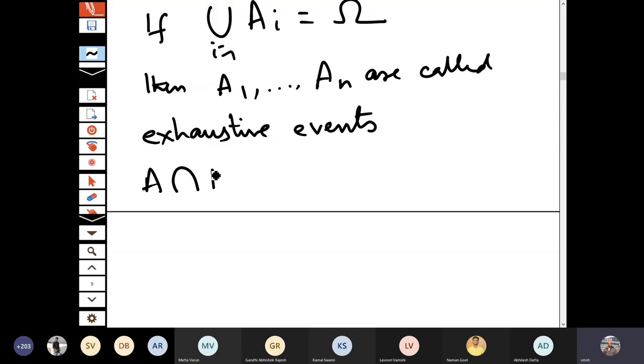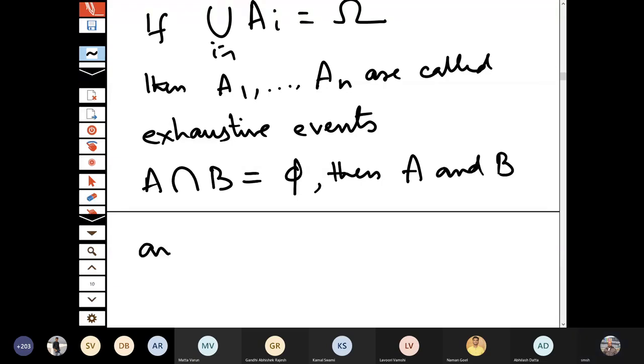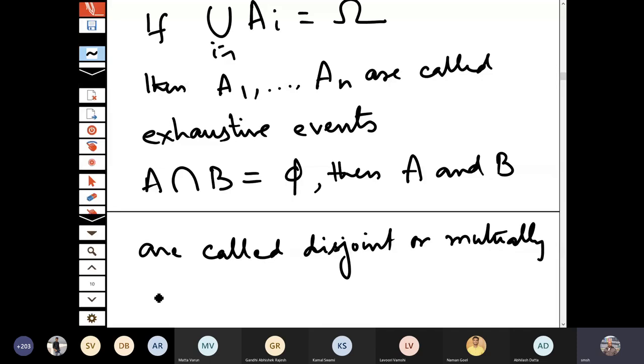If A intersection B is phi, then A and B are called disjoint or mutually exclusive events.